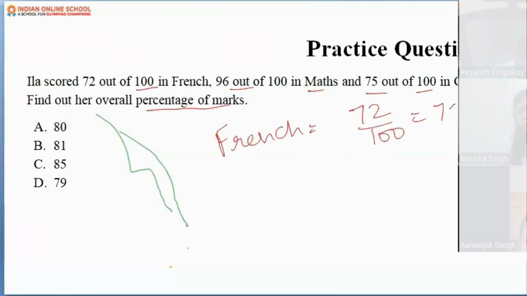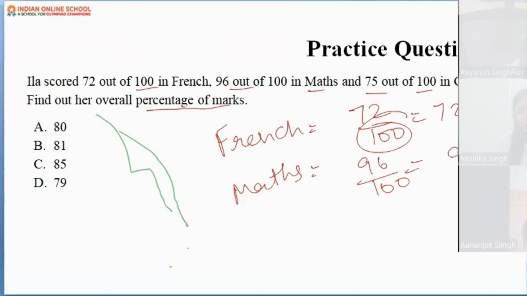It means 72%. Out of 100 means percent. For maths, she got 96 out of 100. I can write it 96%. And for German, she got 75 out of 100.